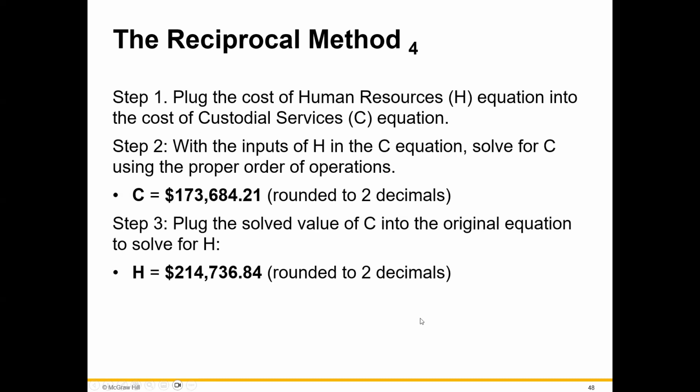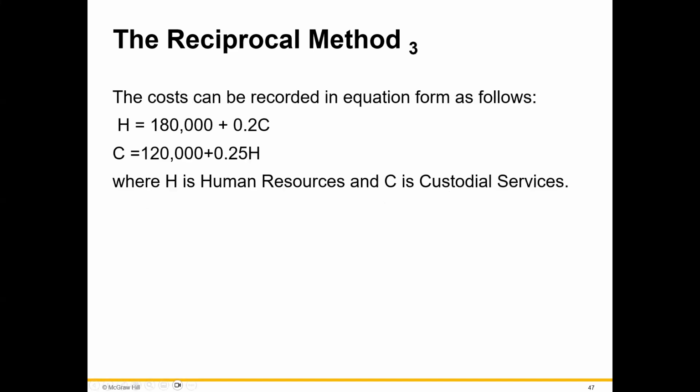Looking here, they're saying plug the cost of the human resources equation into the cost of the custodial services equation. So we had this, let me just take a quick screenshot of that. 180,000 plus 0.2C.